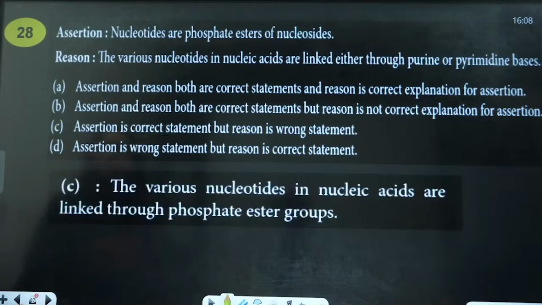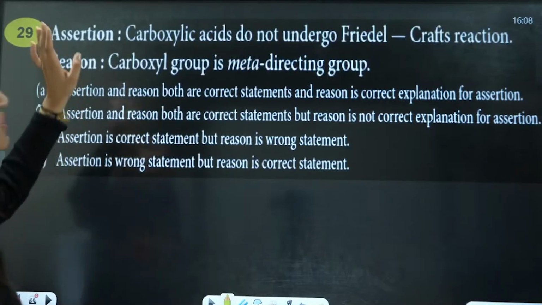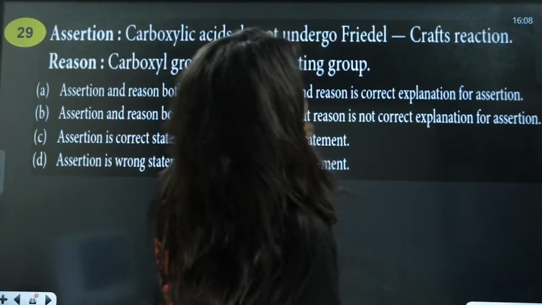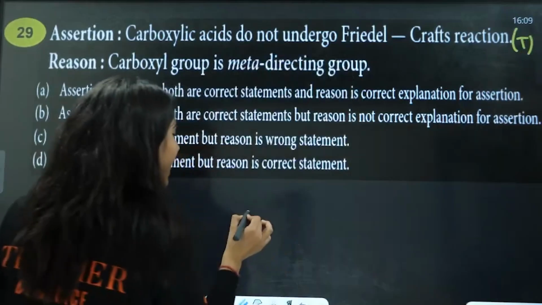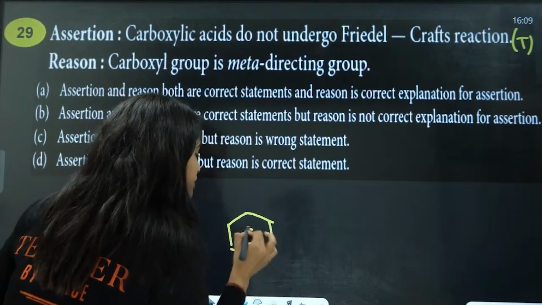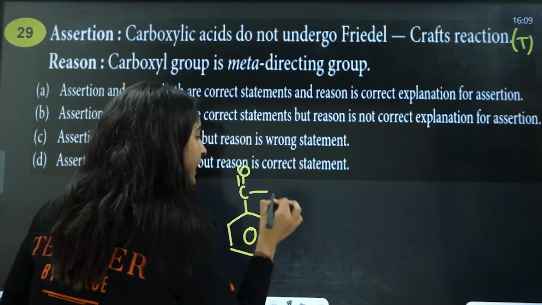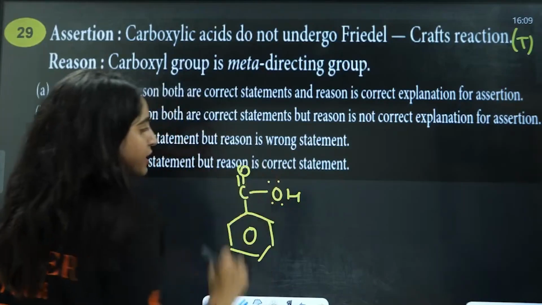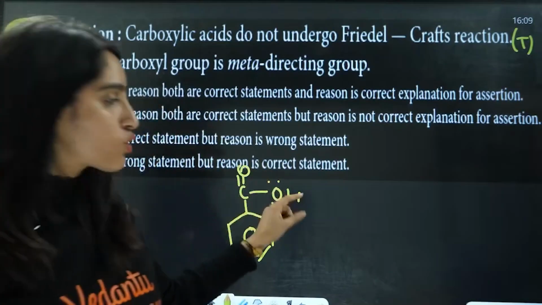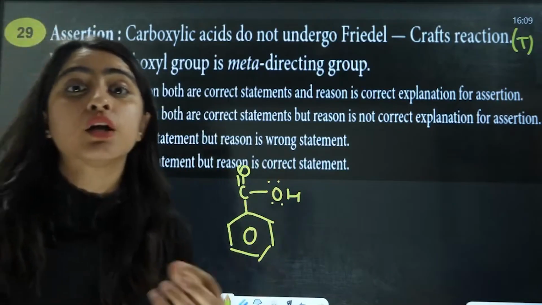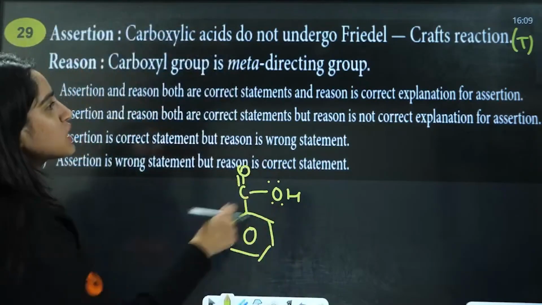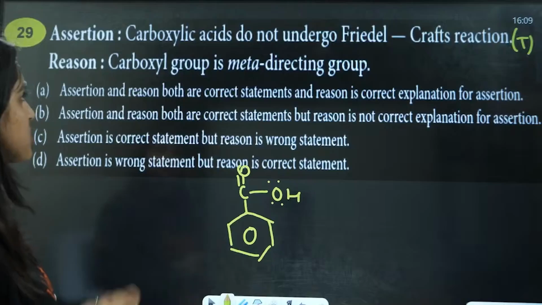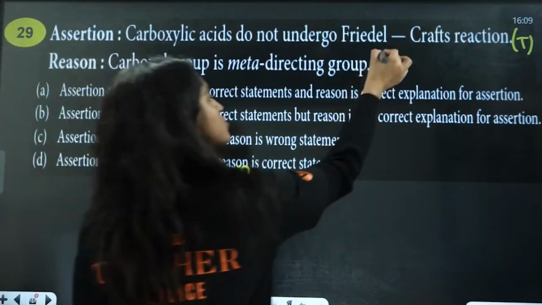Perfect. Next question is, carboxylic acids do not undergo Friedel-Crafts reaction. That is true. Okay. Why do they not undergo Friedel-Crafts reaction? Because they have this lone pair of electrons, and this lone pair is going to attract the Lewis acid that is involved in the Friedel-Crafts reaction. That is why they do not show Friedel-Crafts reaction. Is a meta-directing group? This is also true.